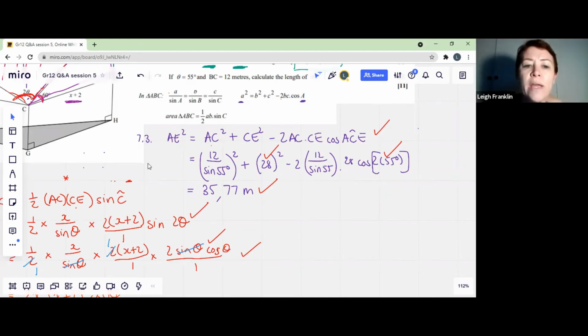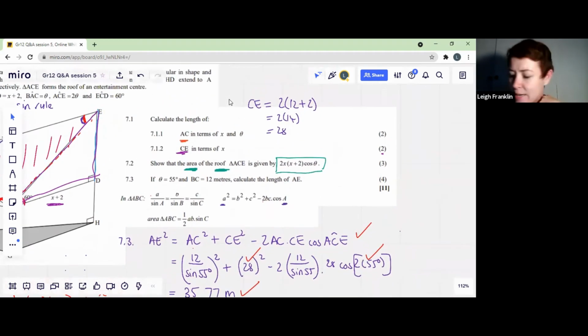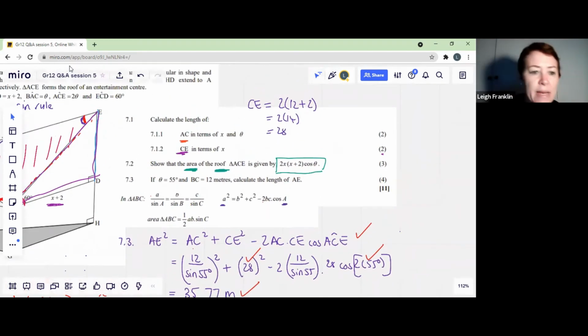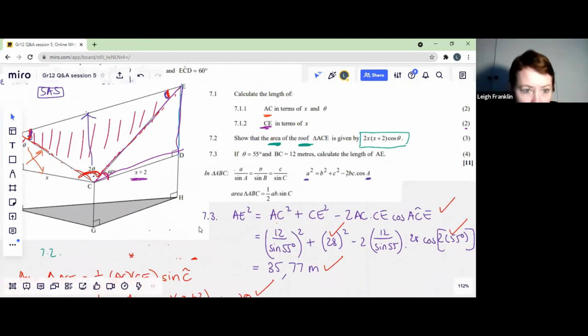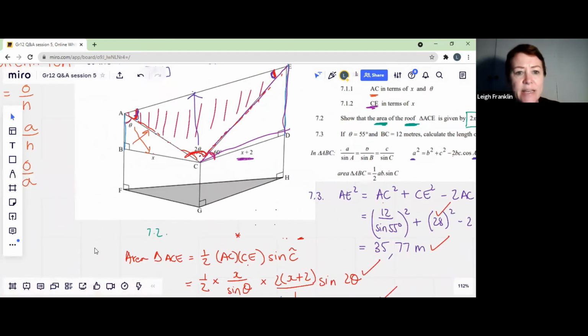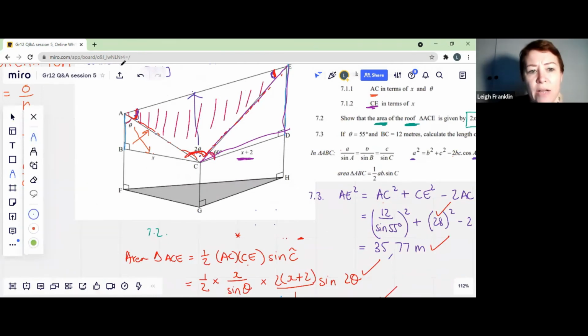Okay, so we know that AC, and unfortunately I've gone and erased it now, but if you recall in the very beginning, we had identified that side AC is a part of triangle ABC. It's the hypotenuse.